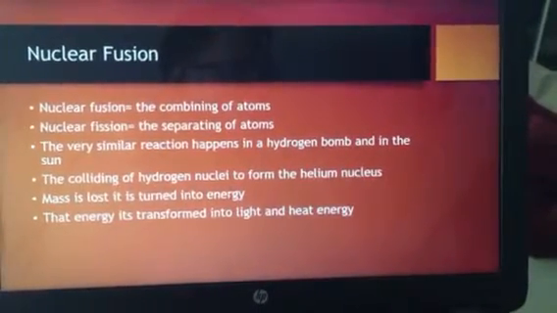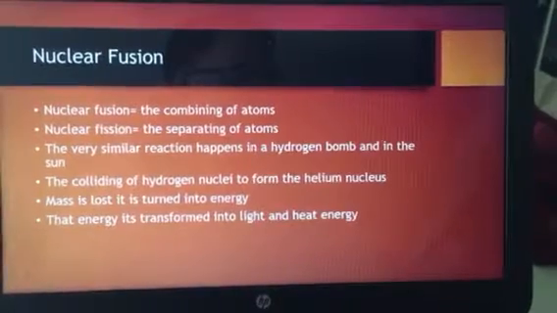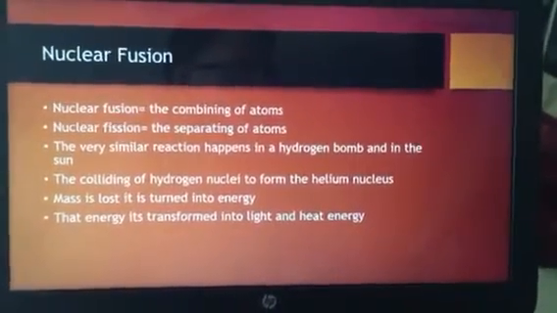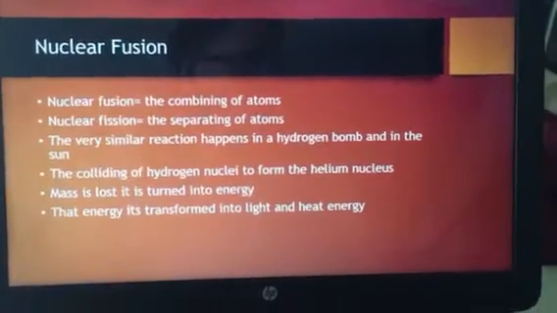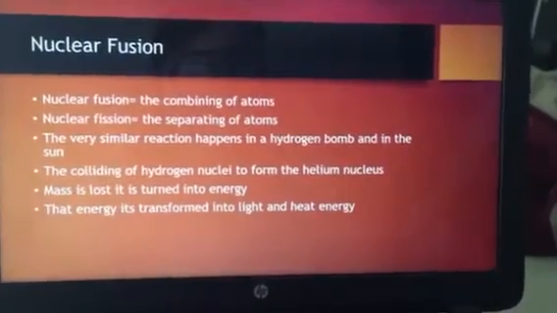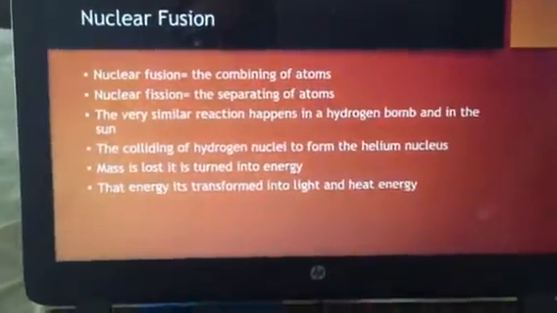The nuclear fusion that occurs in the Sun is when 2 hydrogen atoms come together to form 1 helium atom. And the mass that is left over from this reaction is then transformed into energy. This process is the same as in hydrogen bombs.